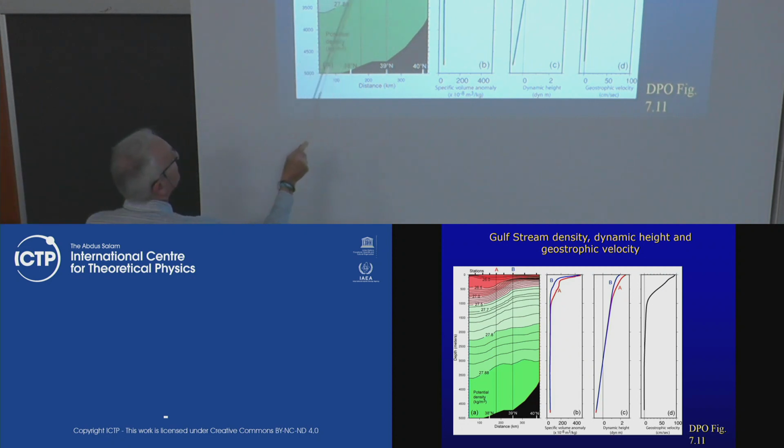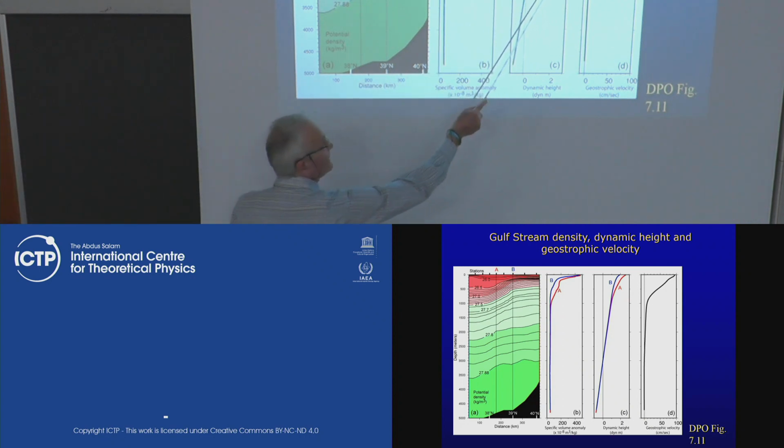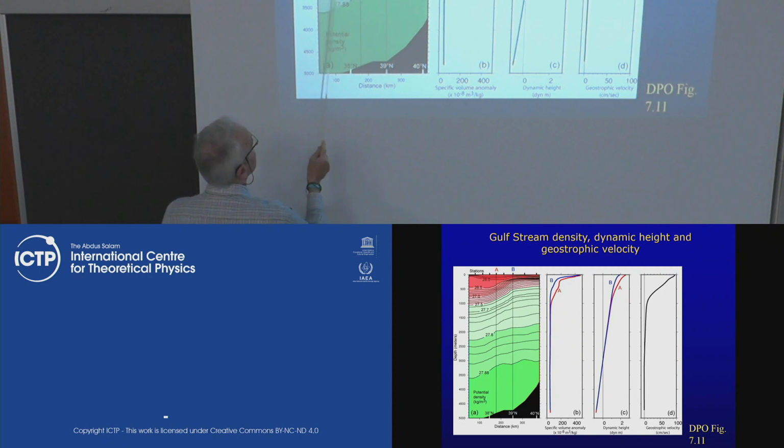Why? Because if you look here, these are the densities, and you can see that the horizontal density gradient is non-zero. If the horizontal density gradient is non-zero, as we have seen before from the thermal wind relationship, there is vertical shear. There are vertical changes of the horizontal velocity, which is especially strong here. For example, here you have 26.5, and here you have 27.5.